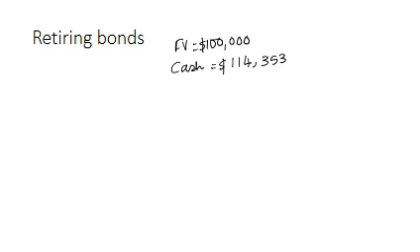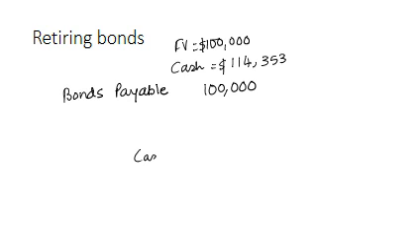So the way the journal entries would work is bonds payable would always be debited for the face value of the bond, and cash would always be credited for the actual amount of cash paid on the bond.